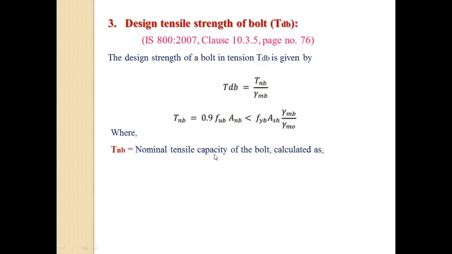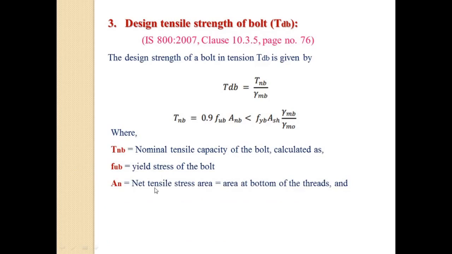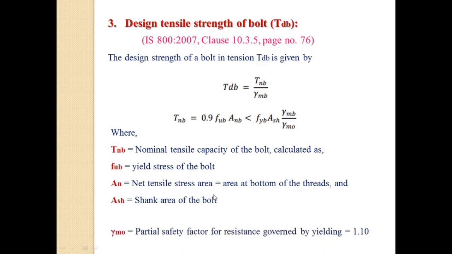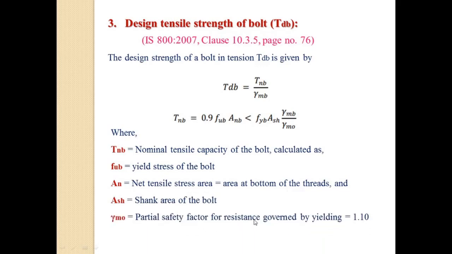TNB is the nominal tensile capacity of bolt, Fyb is the yield stress of the bolt, An is the net tensile stress area, and Asb is the shank area of the bolt. Gamma M0 is the partial safety factor for resistance governed by yielding, which we take as 1.10, and gamma MB we take as 1.25.